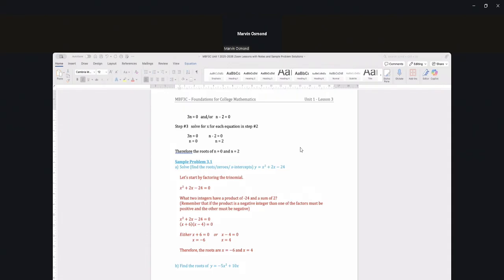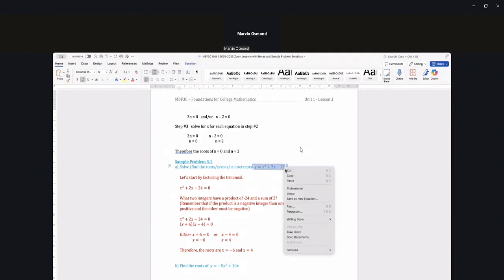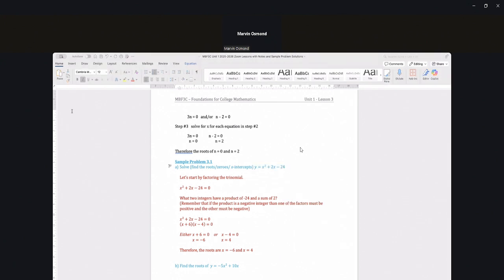So if I come back into here, I'm just going to show you something. This is really neat. The original equation was y equals x squared plus 2x minus 24. I don't know if I can copy that and paste it into here or not. No. So I'm just going to type it.